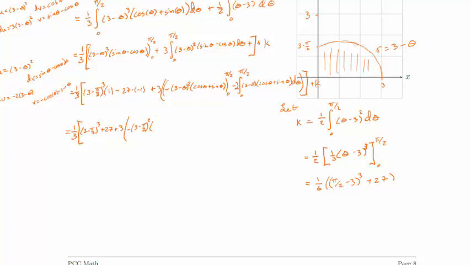So it'll just be a 1. Then minus negative becomes a plus. 3 squared times cosine of 0 is 1, sine of 0 is 0. So just 9 here. Minus 2 times.